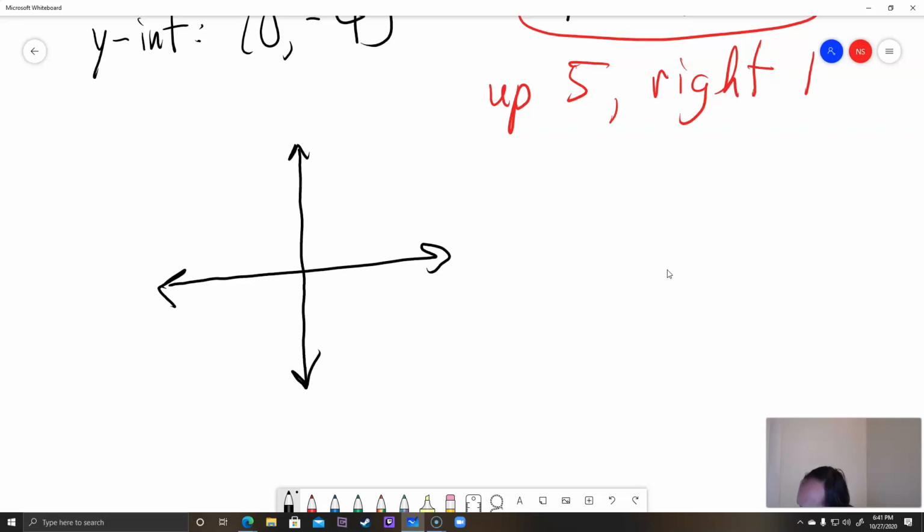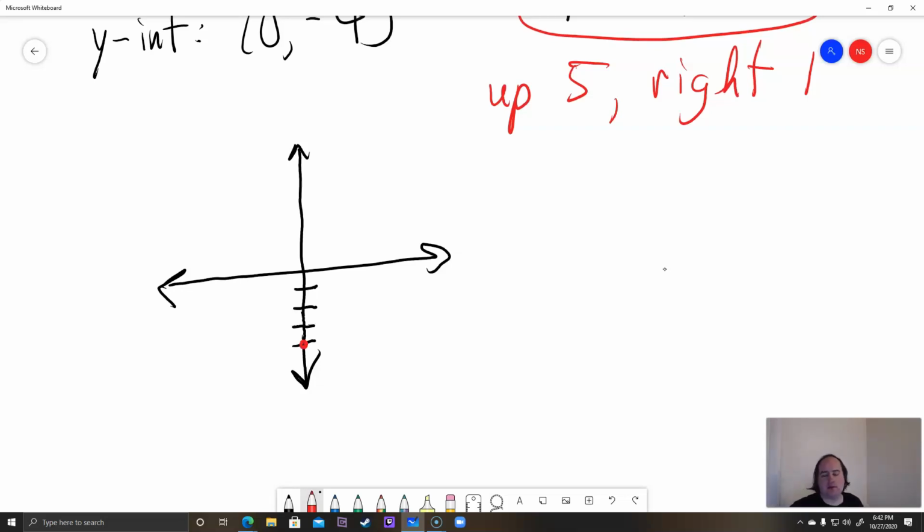So x is 0, y is negative 4. So this right here is our y-intercept. Whoops, I didn't shade in the right one. So our y-intercept is (0, negative 4), which is this fourth one down here.